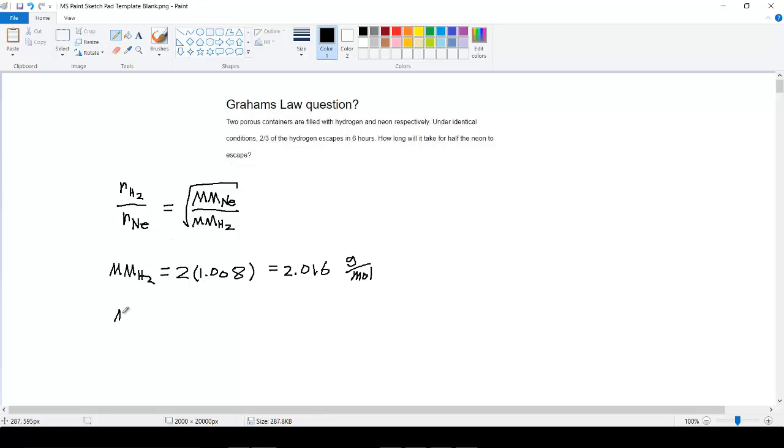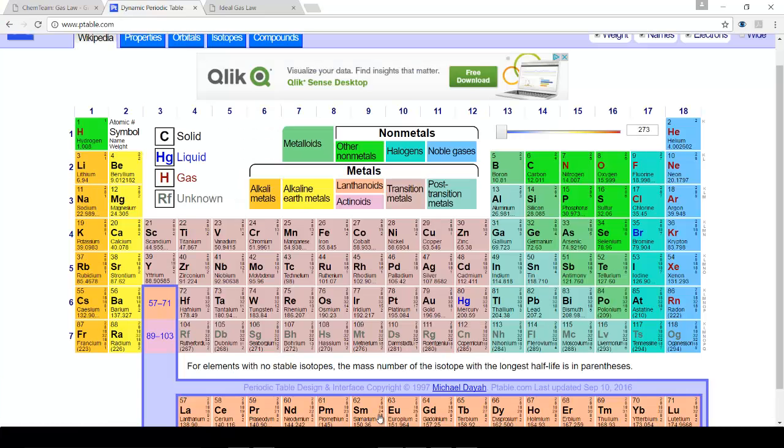The molar mass of neon is actually easier to get. We don't really have to do anything with it since, again, it's a noble gas and it doesn't tend to interact with itself. All we've got to do is go to the periodic table, find neon, and you can see it ends up being 20.1797 grams per mole.